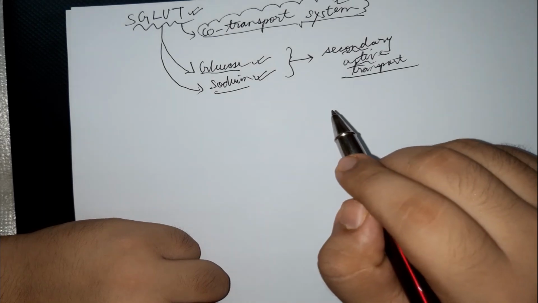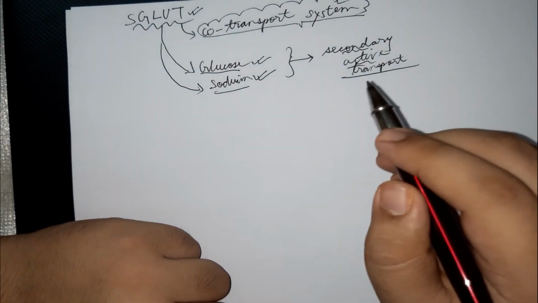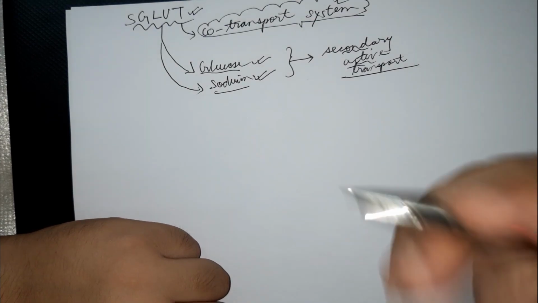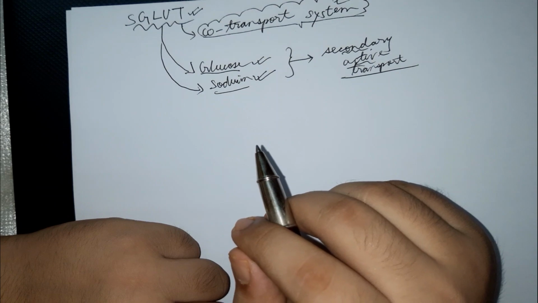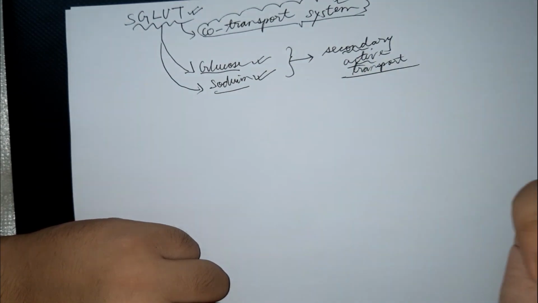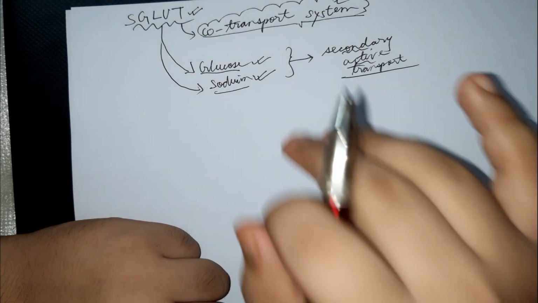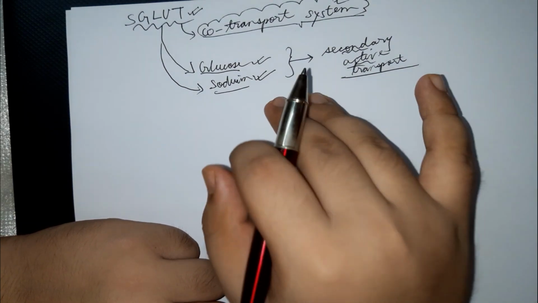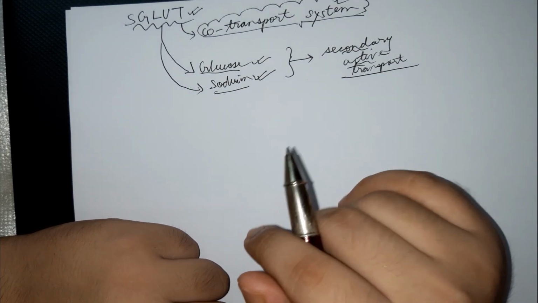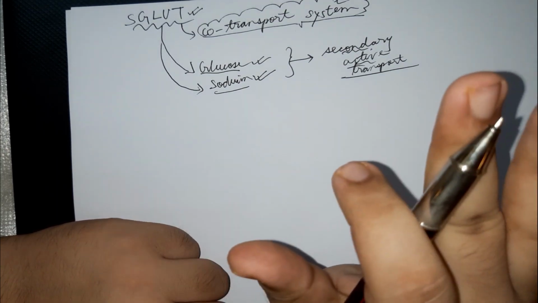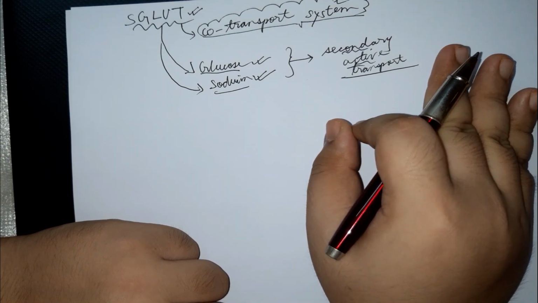But active transport itself can be primary active transport or secondary active transport. Primary active transport is when the energy which is used for the particular substance to be transported against its concentration gradient is utilized directly, okay, so there is some kind of ATP hydrolysis, nothing else is linked. Are you getting what I'm talking about?